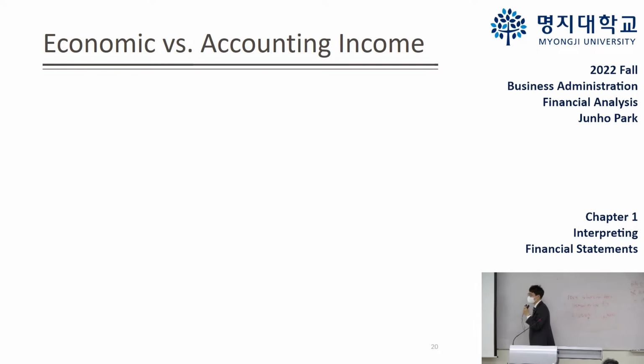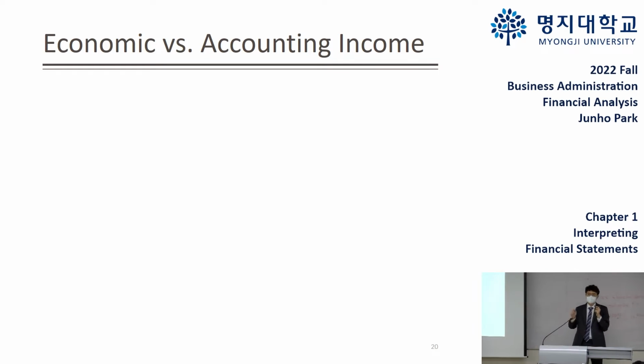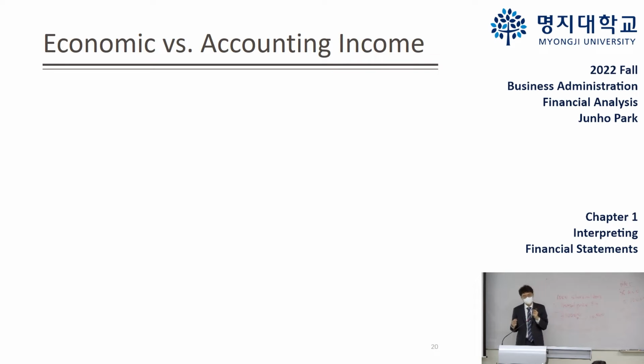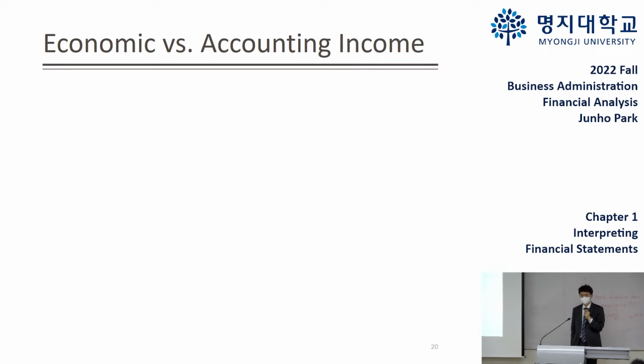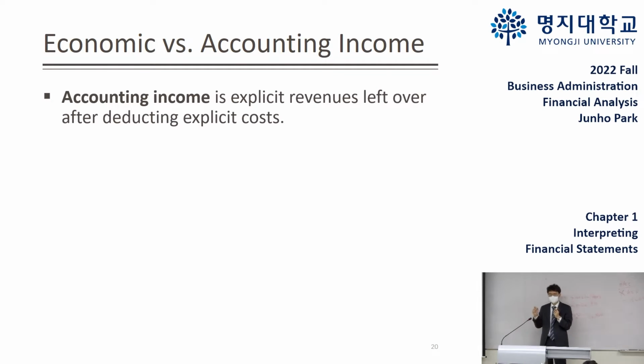Okay, and the second aspect in the value problem is that sometimes accountants hesitate in recognizing some income. As I told you, accountants are very, very conservative, so they try to be very careful when they say our company earned something.